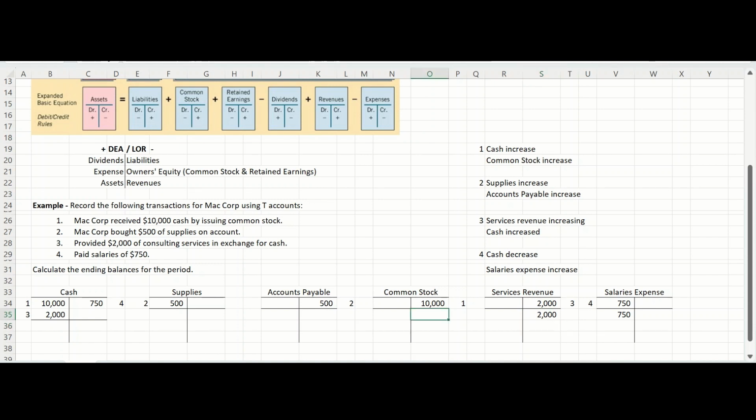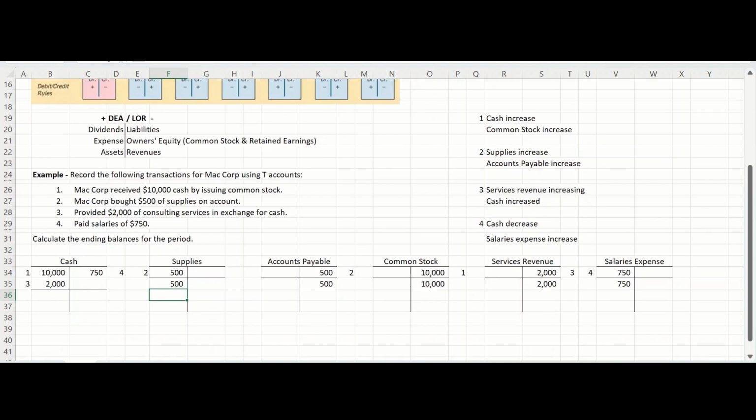Common stock, 0 debits, 10,000 credits. So there is a $10,000 credit balance in common stock. Accounts payable, there's 0 debits, 500 credits. So the balance is 500 credit. Supplies, there are 500 debits, 0 credits, so there is a $500 debit balance.